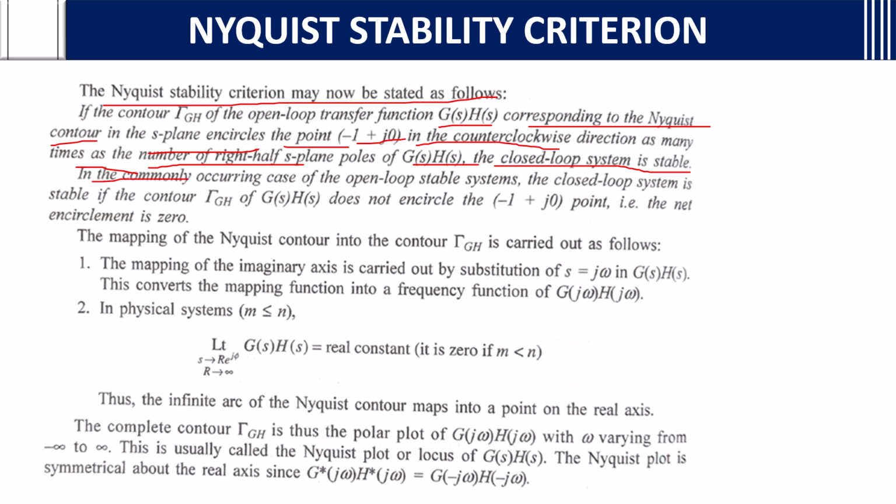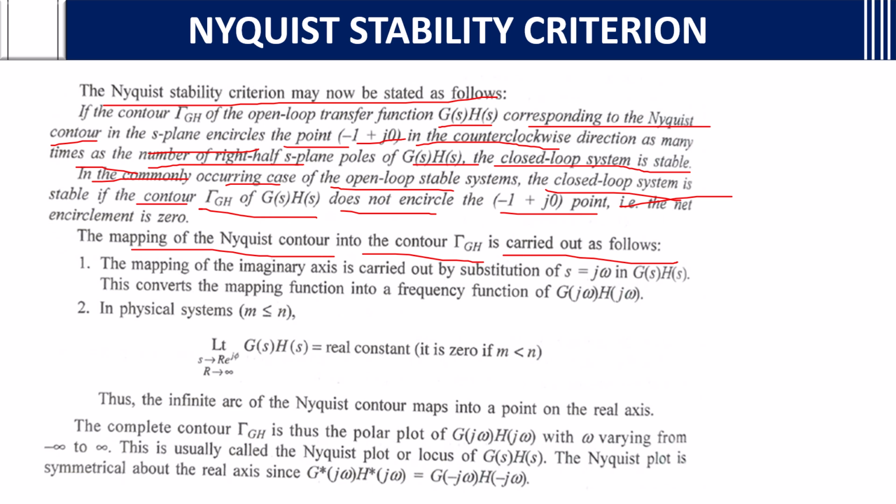In the commonly occurring case of an open loop stable system, the closed loop system is stable if the contour of G(S)H(S) does not encircle the -1 + j0 point. That is, the net encirclement is what? 0.